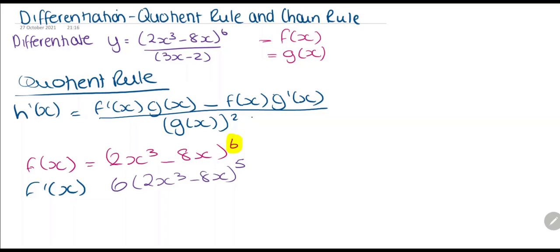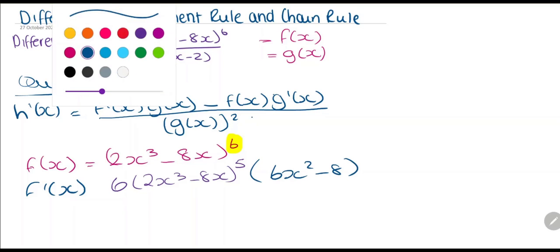And then the chain rule says to multiply by the derivative of the inside. The derivative of that is 6x squared minus 8. So that's the derivative of our function f.